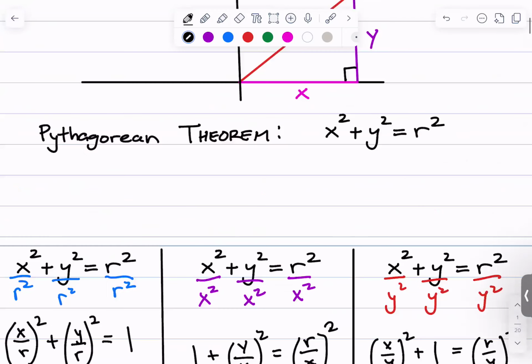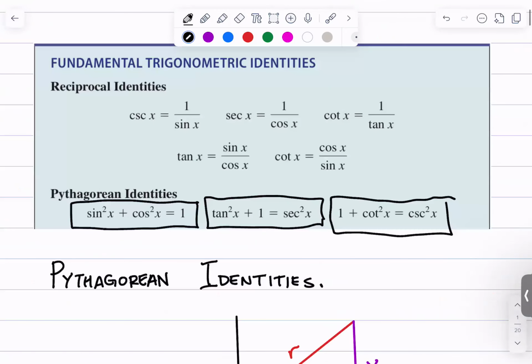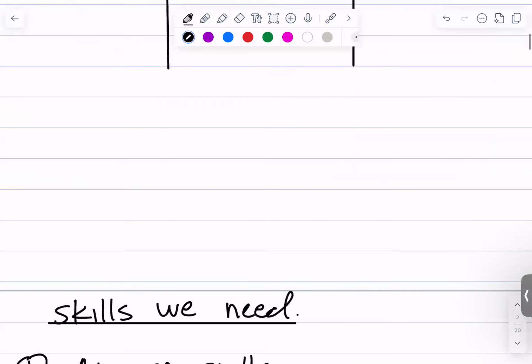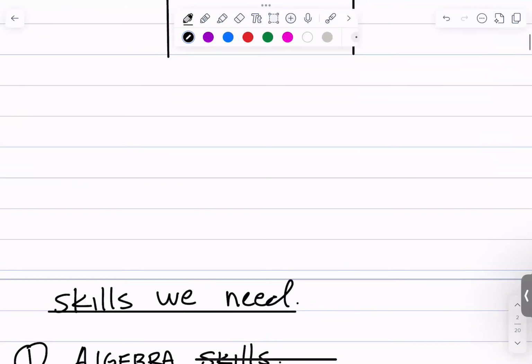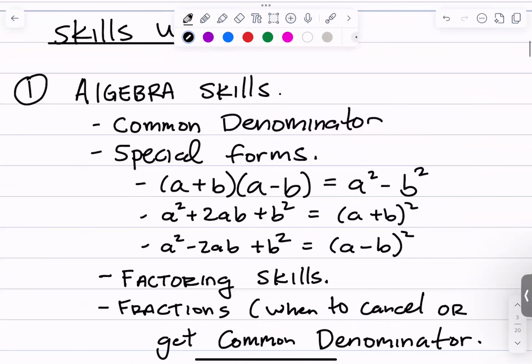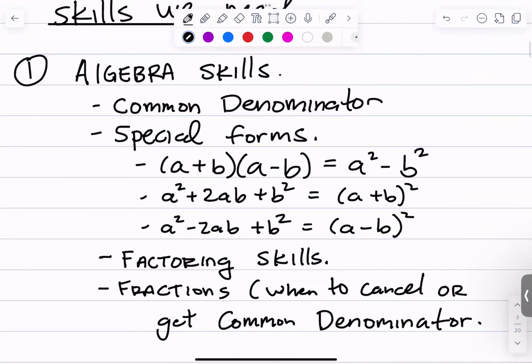So equipped with all of these, we're going to start simplifying stuff, but we do need some skills. Okay? We have to remember our algebra skills, like how we get the common denominator, the special forms that we learned in algebra, like a plus b times a minus b equals a squared minus b squared.